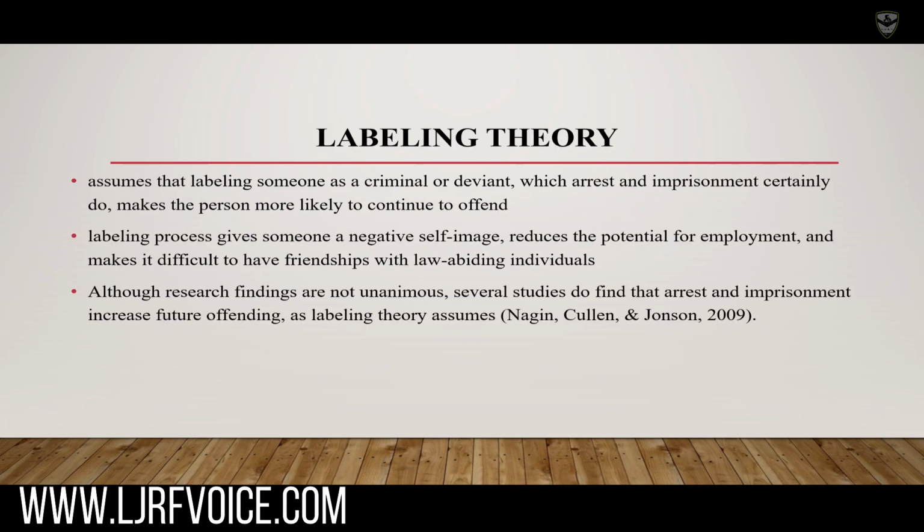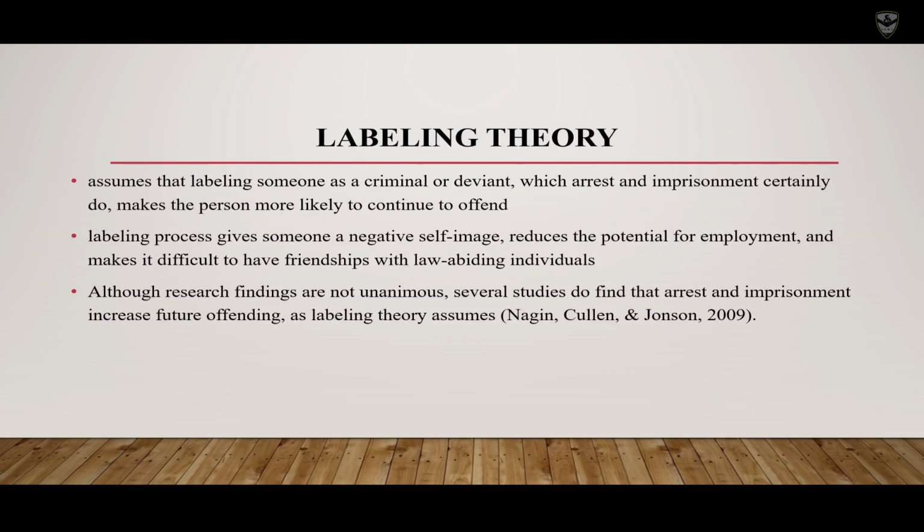The next social process theory is labeling theory. This is a simple theory which assumes that labeling someone as a criminal or a deviant after an arrest or imprisonment makes the person continue committing that particular offense.